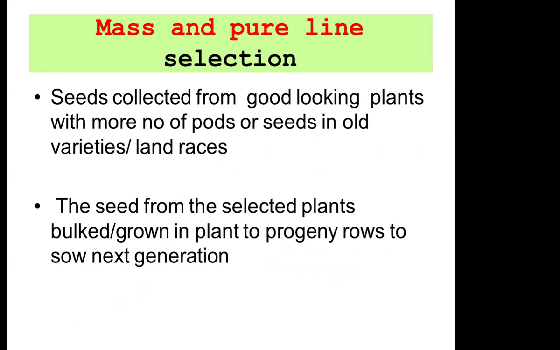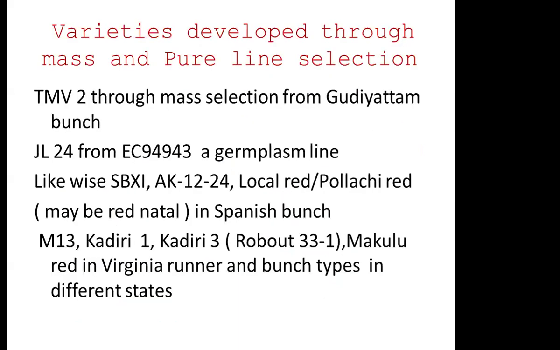If it is pure line selection, we grow plant-to-progenies, and only the best progenies are selected and advanced as a variety. Ultimately, all the selections are evaluated in yield trials, and we end up with a variety. Next slide. And these are the varieties that were developed in groundnut through mass and pure line selections.